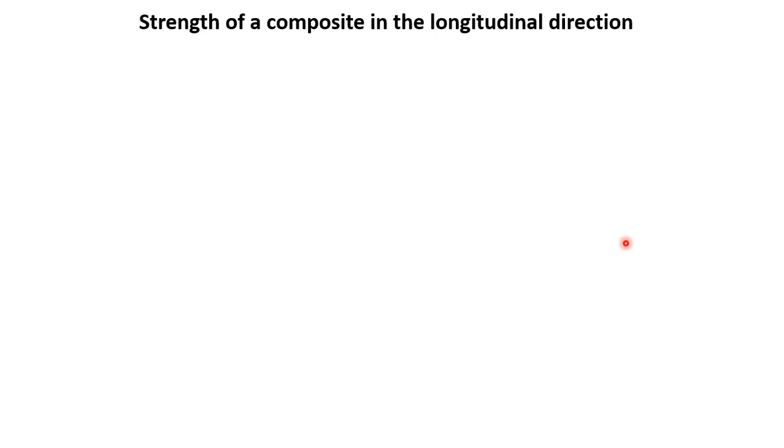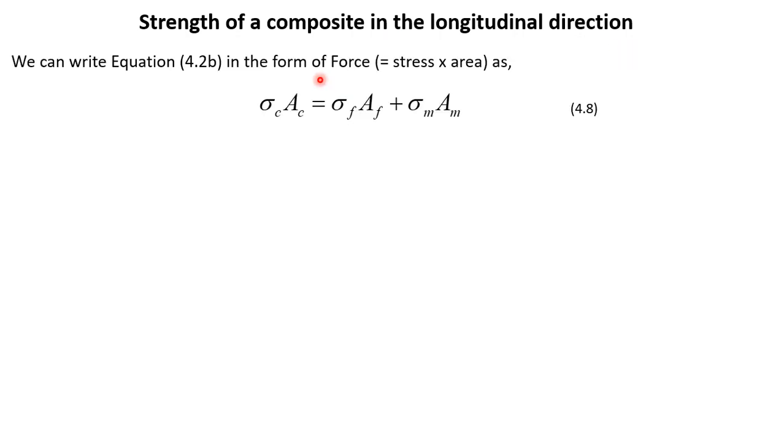Now, similar to the analysis we did for modulus, we can do another analysis for the strength of the composite in longitudinal direction for unidirectional continuous fiber composite. So we can write equation 4.2b in the form of force. So we have seen that equation, stress multiplied by the cross-sectional area for the composite is equal to stress in the fiber multiplied by the cross-sectional area of the fiber plus stress in the matrix multiplied by the cross-sectional area of the matrix.